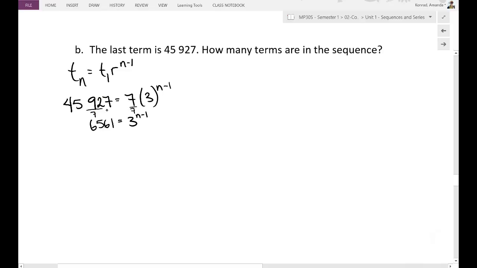Now, you'll have to remember some of your exponent laws to try and simplify this a little bit further. Or you can just start with guess and check right from here. I'm going to show you using exponent laws. So we're going to rewrite this as 6,561 equals 3. And subtracting in exponents is like dividing. So it's actually the same as 3 to the n divided by 3 to the power of 1.